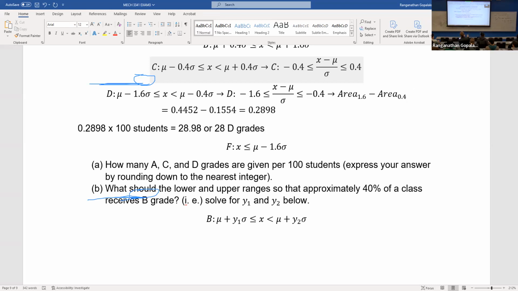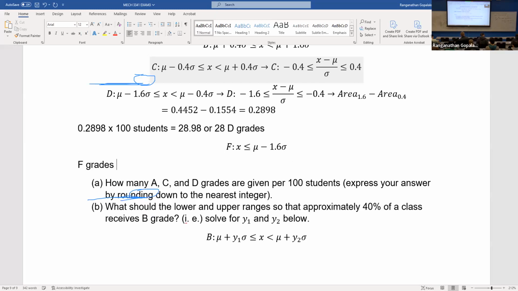So if we're thinking about the left side of the graph, from minus 1.6 to infinity. It's the mirror image, 1.6 to infinity. So for F grades, we want everything that is lower than minus 1.6. That is like asking everything to the right of 1.6. You can go home and check this.